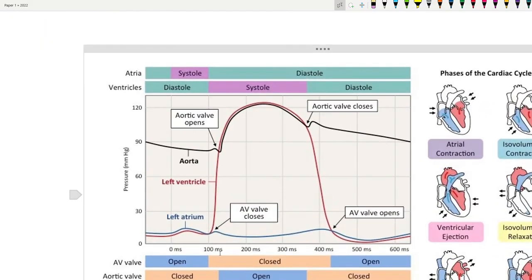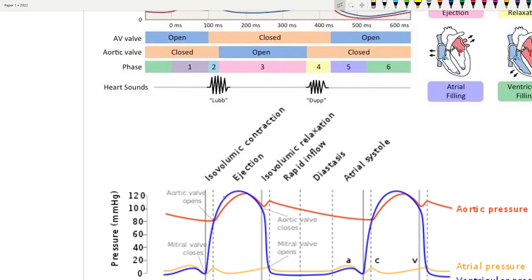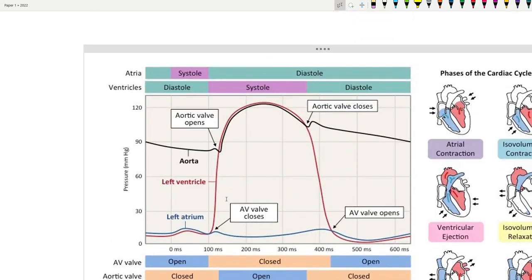So basically, let's study this. The blue line is the pressure of the left atrium. It always remains low. The pressure in the left ventricle increases by a lot, similar to the contraction of the left ventricle, okay?